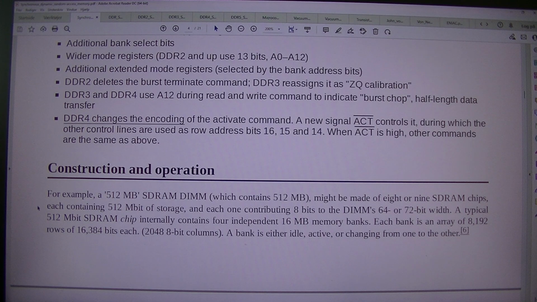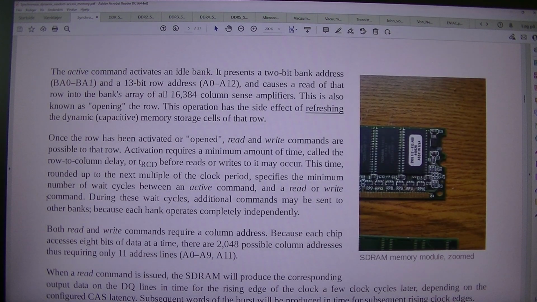A typical 512 Mbit DRAM chip internally contains 4 independent 16 MB memory banks. Each bank is an array of 8,192 rows of 16,384 bits each, or 2,048 8-bit columns. A bank is either idle, active, or changing from one to the other.